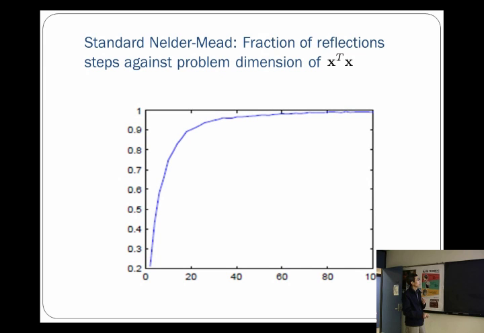But if n gets bigger, let's say 20 or higher, the standard Nelder Mead method uses over 90% reflection steps. So this perhaps causes the inefficient behavior of this method.